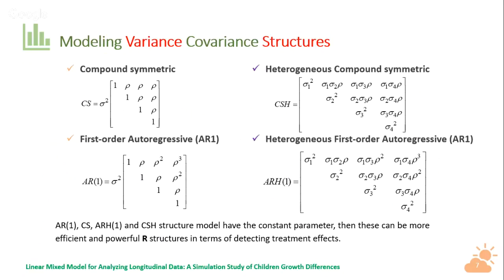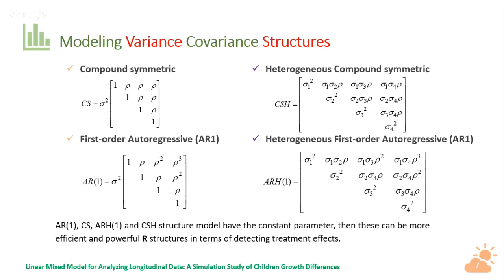We can say that the correlation between subject i and j is rho, and then i and j plus 1 is rho squared, and then i and j plus 2 is rho to the power 3, and then it decreases exponentially, with the value of the degradation being rho.